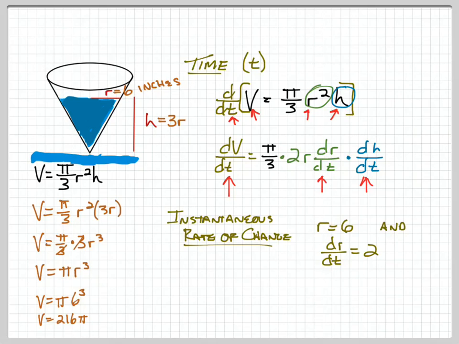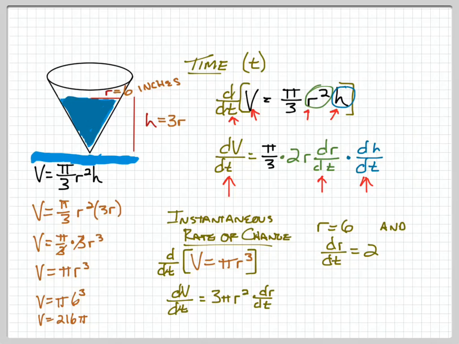Alright, so what we'll do is we'll take our modified formula, our volume of pi r cubed, and we'll use implicit differentiation. So we'll take the derivative with respect to time for this equation. So dV over dt equals 3 pi r squared times dr over dt. Now remember that 3 comes from the exponent of our radius, and then we take the derivative of that, so r cubed becomes 3r squared.